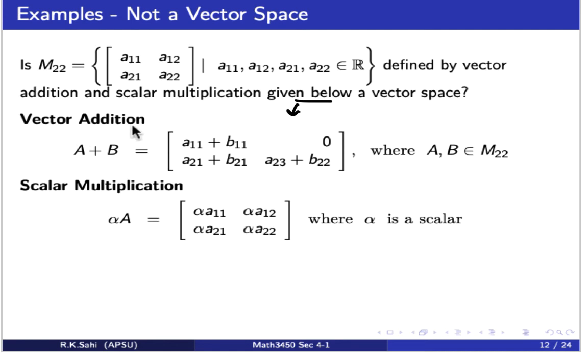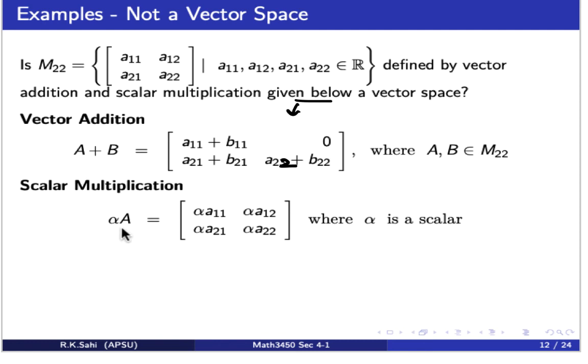Vector addition is A plus B: A11 plus B11, A21 plus B21, very similar, A22 plus B22. But the element in the first row, second column is a 0. That gives you a clue. Oh, this is not the normal one we are used to in an M22 vector space.